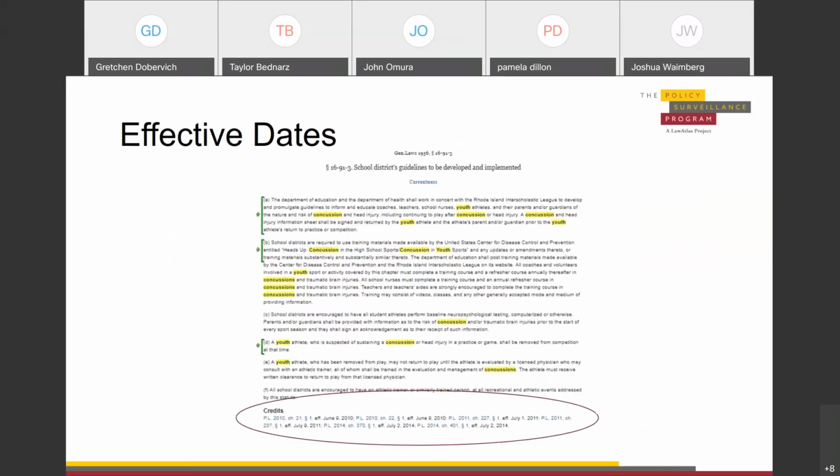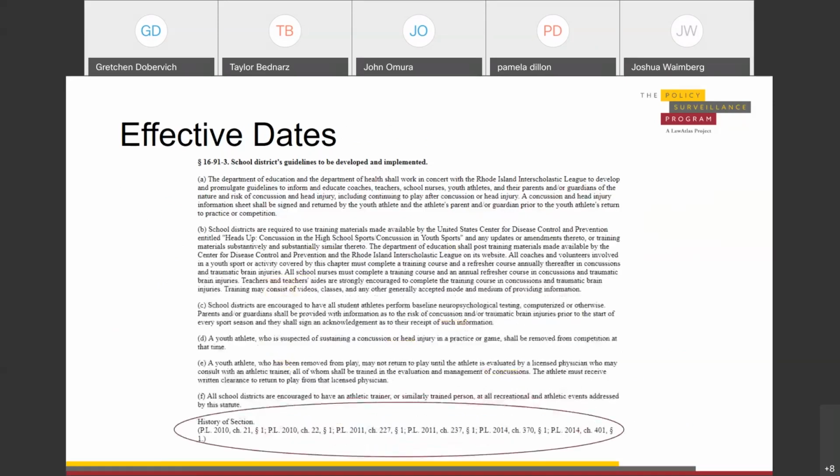As you can see in this example here, this is taken from Westlaw, where they often have the effective dates in this credit section. So if you were looking at this specific law in Westlaw, you would be able to see that the effective date comes in this credit section that has the detail as to the specific amendment and its effective dates, as opposed to this, which is the same law coming from a state legislative website, whereby it's referred to as the history of section, and there are no actual effective dates listed there, only the specific amendment citations.